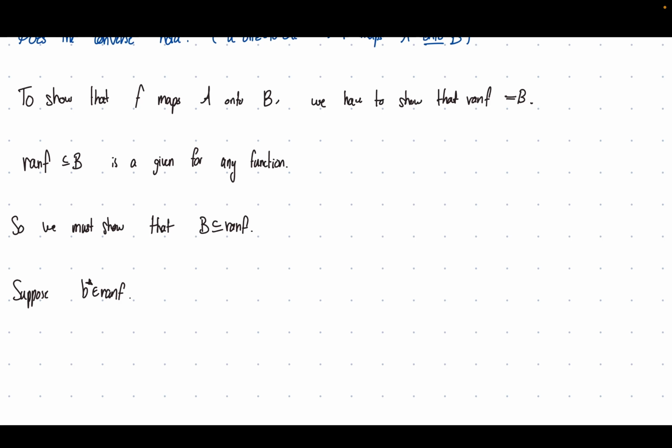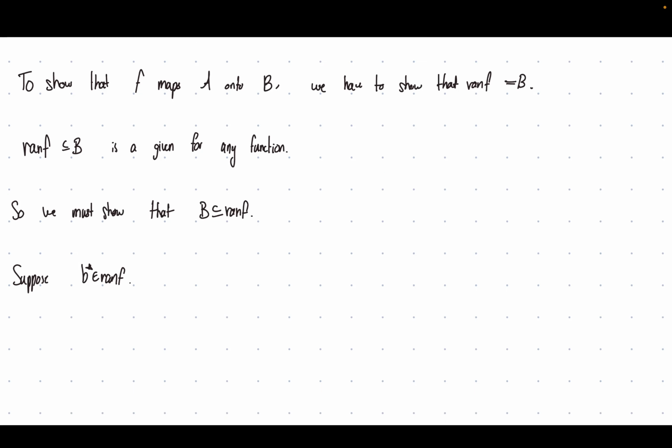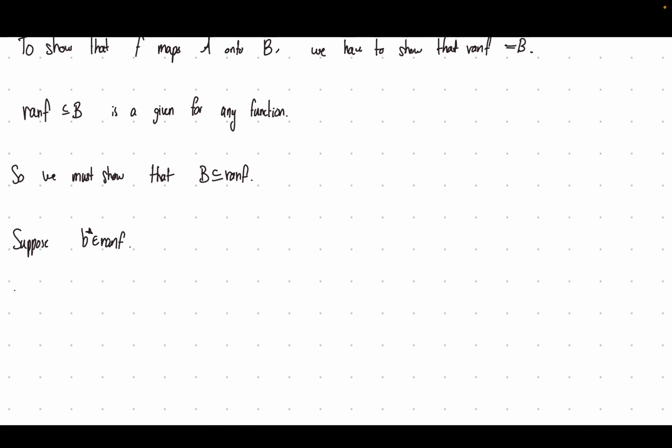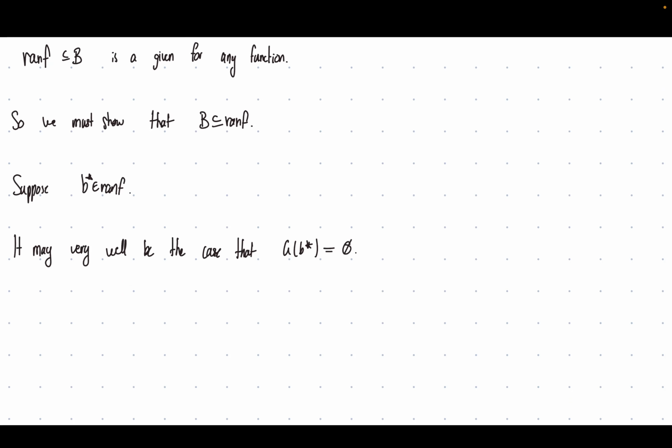And I'm going to say that this is a counterexample because it may very well be the case that g maps b star to the empty set. Note that the empty set is in the power set of A, so this is completely legal.